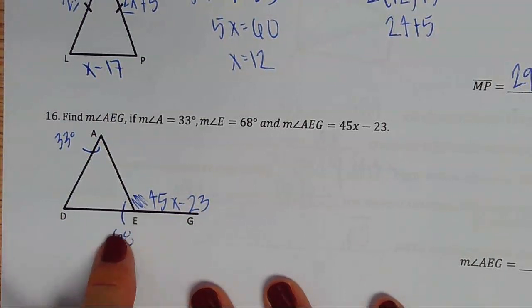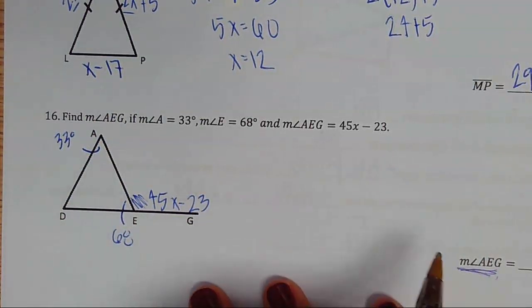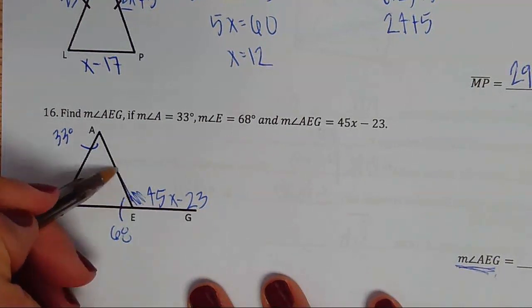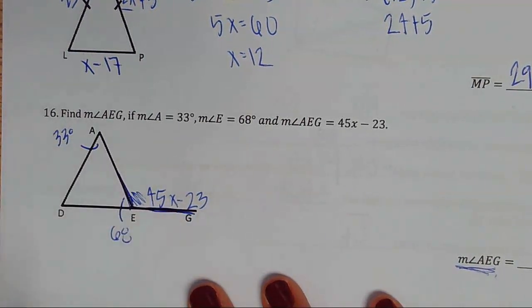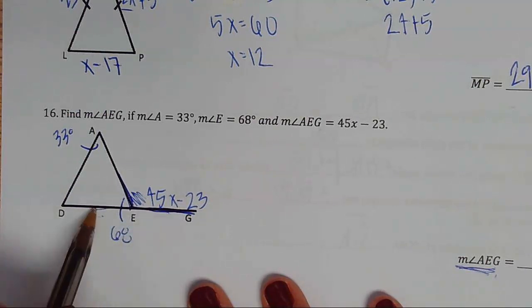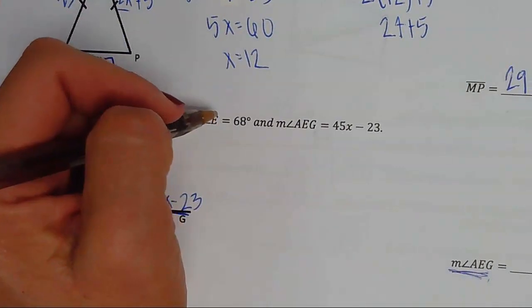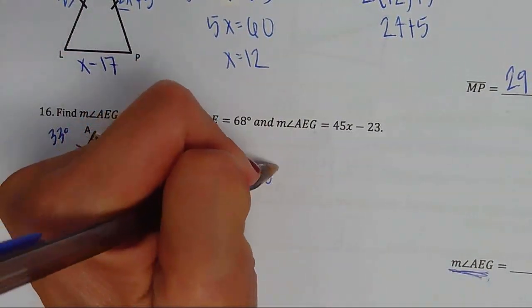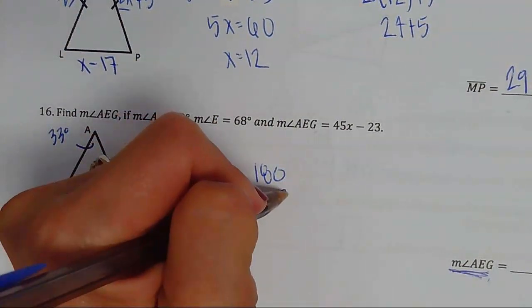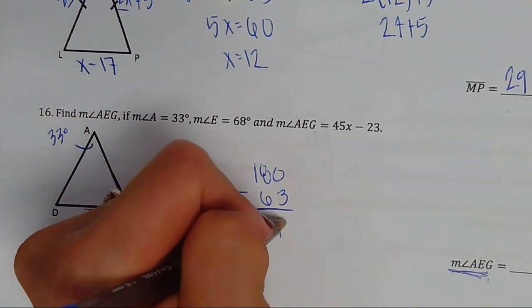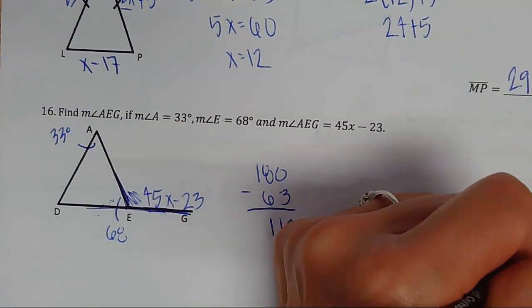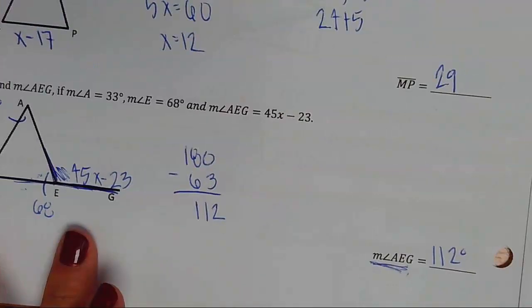Well, this is kind of silly because it wants you to find the measure of angle AEG, which is technically this angle right here. Well, I think this must be a typo because together these two angles form a straight line. So in order to find it, I'm just going to do 180 minus 63, and I'm going to get 112. And that's what that angle measure would be.